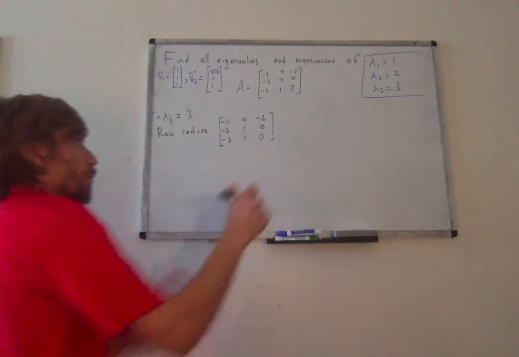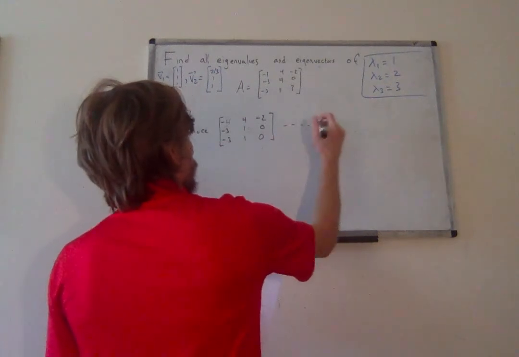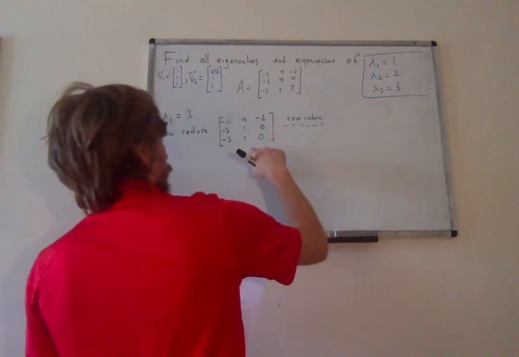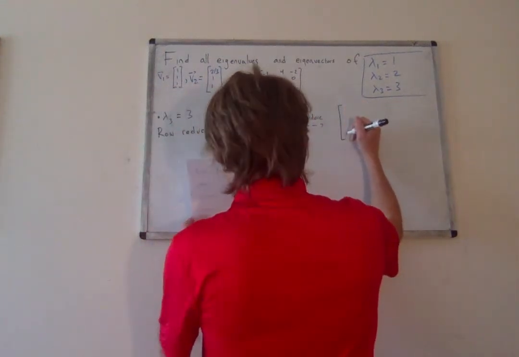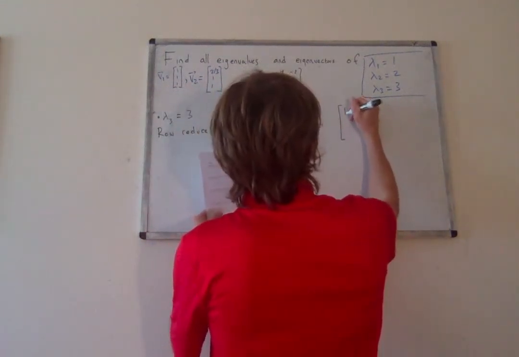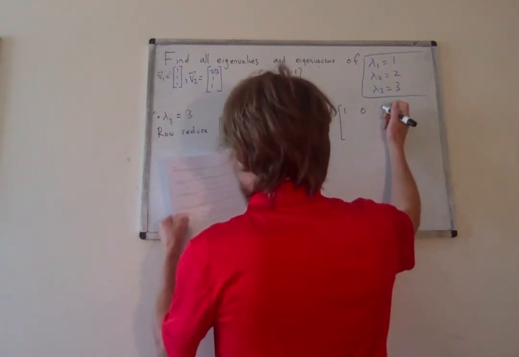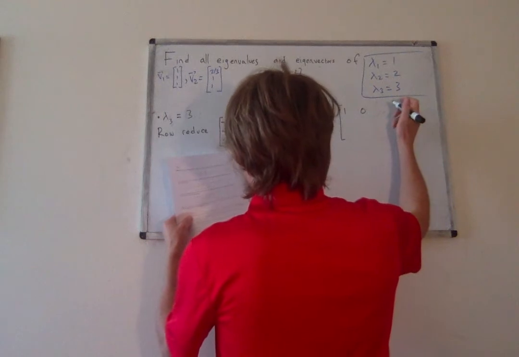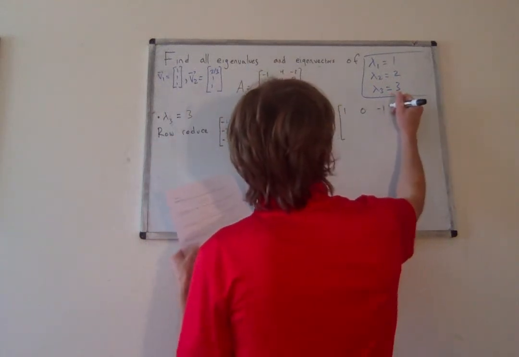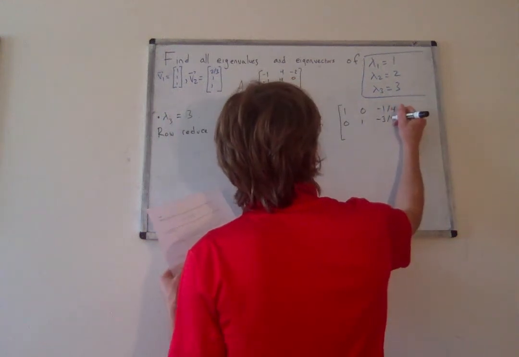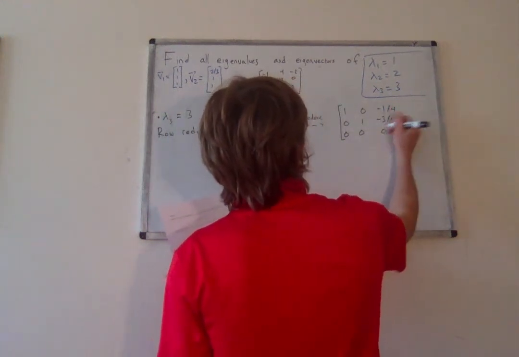And then again, doing some mythical row reduction steps, I can row reduce this to the following matrix: 1, 0, negative 1/4, 0, 1, negative 3/4, 0, 0, 0.